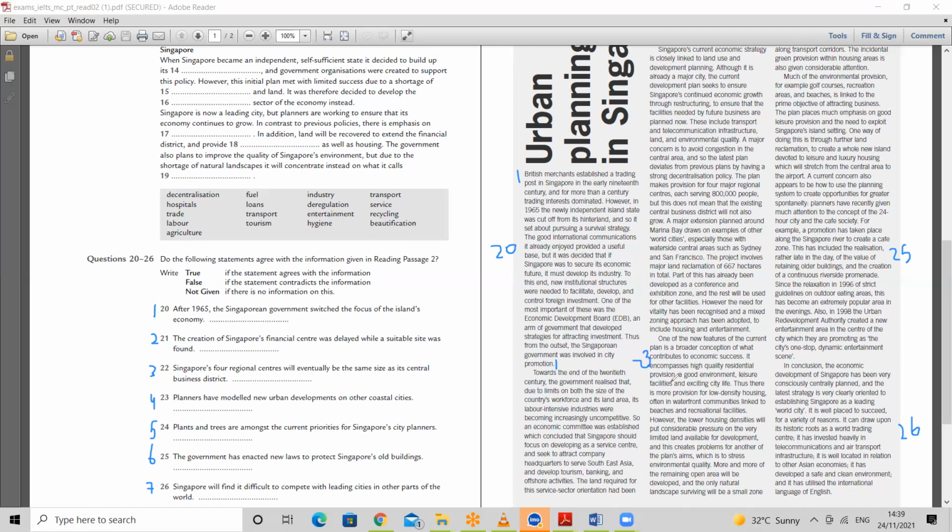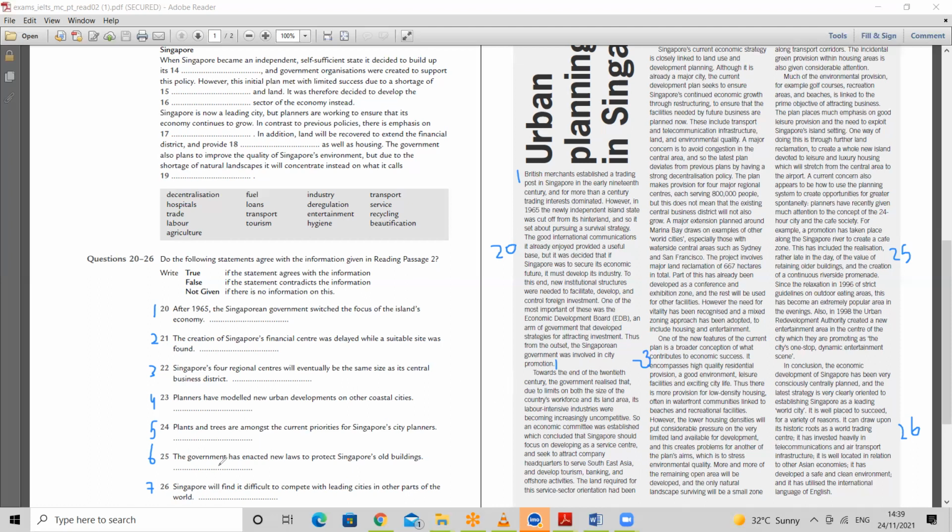Now, as I said earlier, to help you decide whether the statement is true or false or not given, you need to convert the statement into a question, a closed question. Now let's look at statement number 25 first.